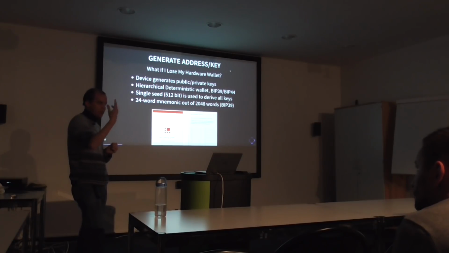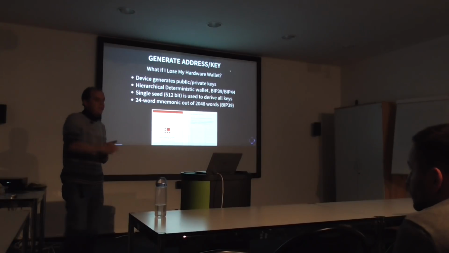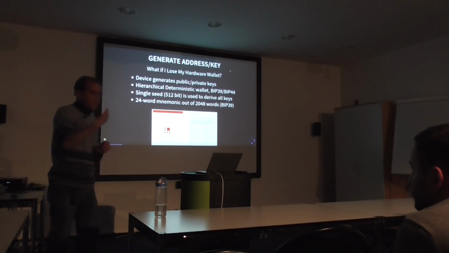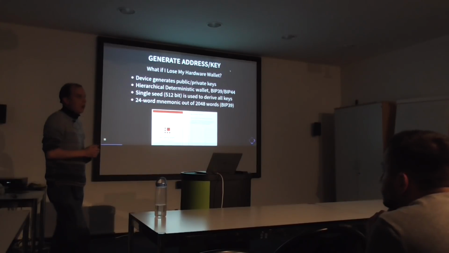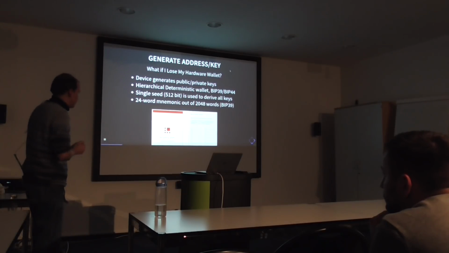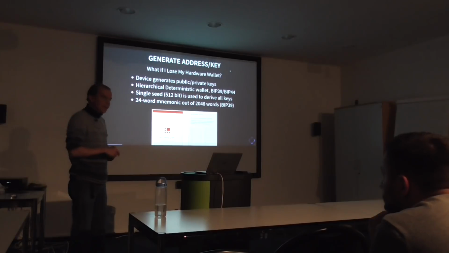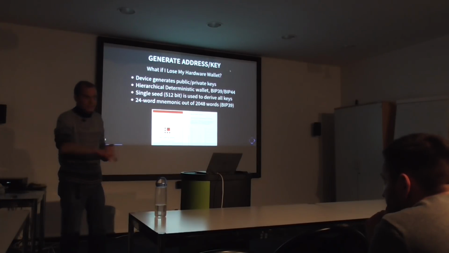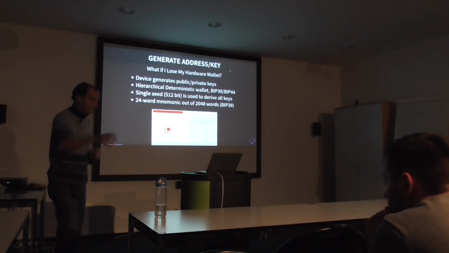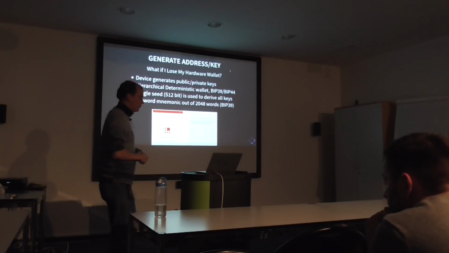And so you can use what's called a path, so that for different currencies, different addresses, different accounts, different purposes, you can derive own addresses or own subseeds, and they're deterministic. So if you enter the same seed, no matter on what device you use it, it is going to produce the same key. And so you can always reinitiate your ledger, for example, if you still have this initial recovery seed, or you could even use a software wallet with that seed and produce the same addresses, the same keys, as for your ledger.